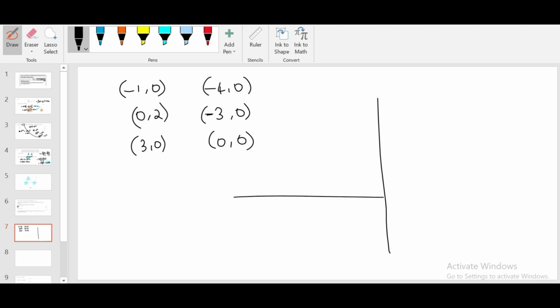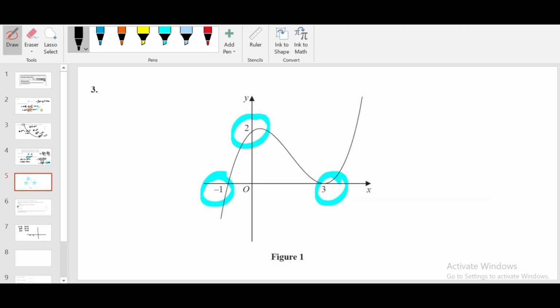So you plot these points. Let's say minus 4 is in here, and then minus 3 is in here, and then 0, 0 is in here. Wait, 0, 2 becomes minus 3, 2. The y coordinate will stay the same. So this graph is going to be translated.